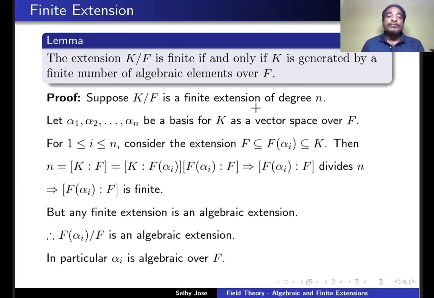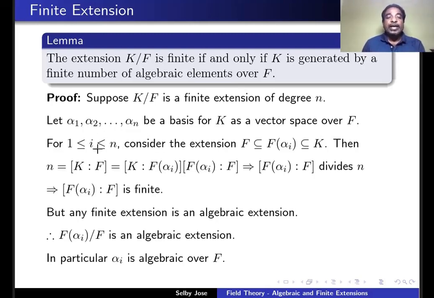Suppose K over F is a finite extension of degree n. That means that K is a vector space over F and its dimension is n. So let the basis of K as a vector space over F be alpha 1, alpha 2, ..., alpha n.